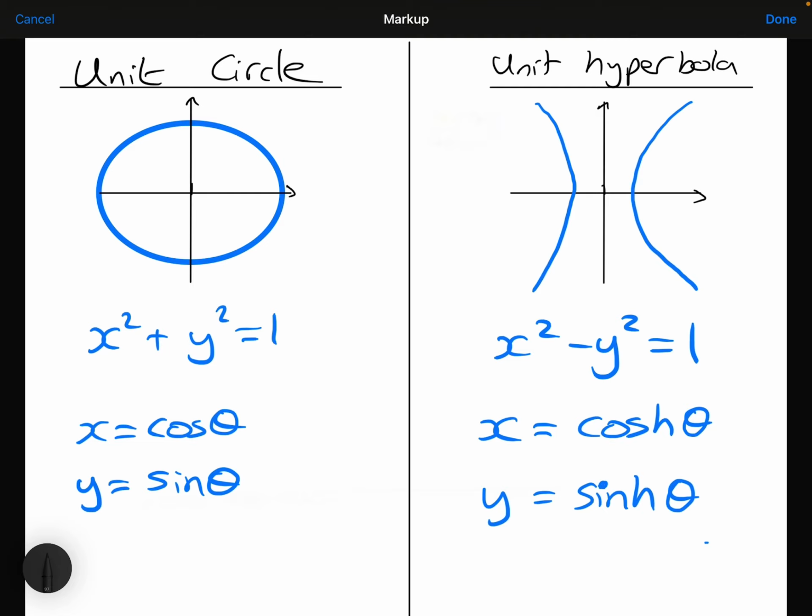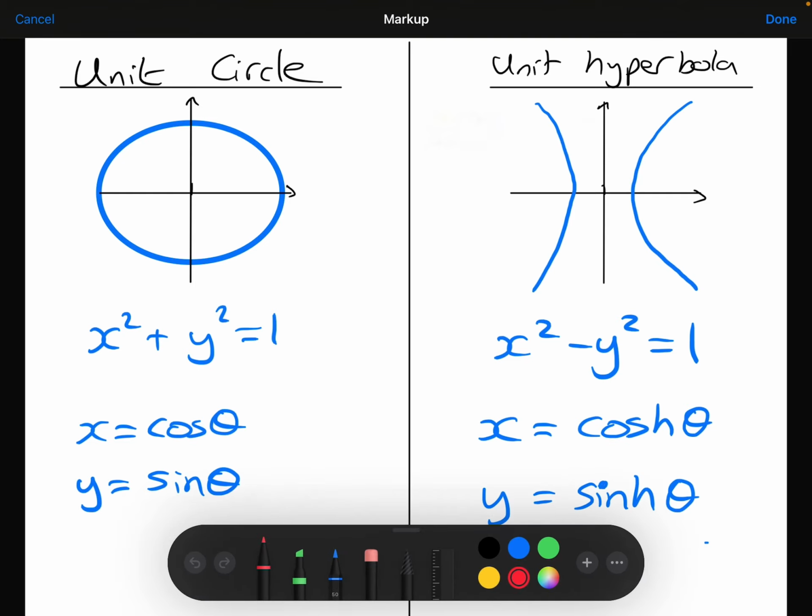They actually can be defined in terms of the unit circle. And we saw that if we were to take any point on a unit circle and measure the angle from the positive x-axis, then we can define the x-coordinate of that point as cos theta.